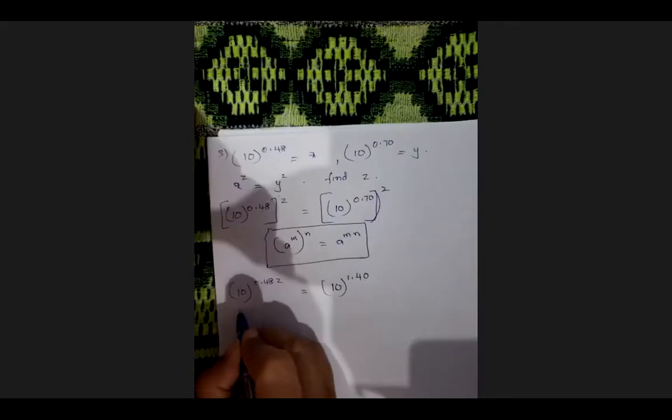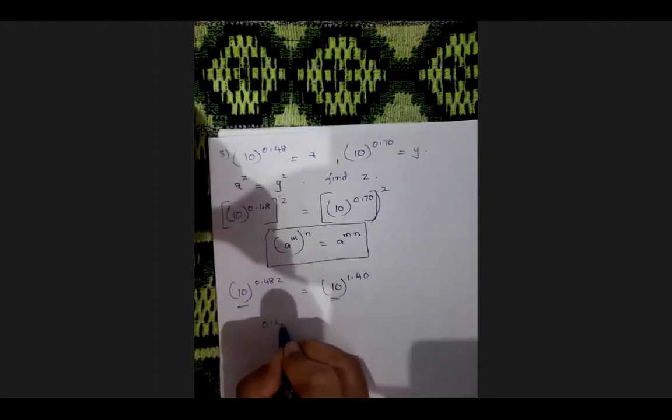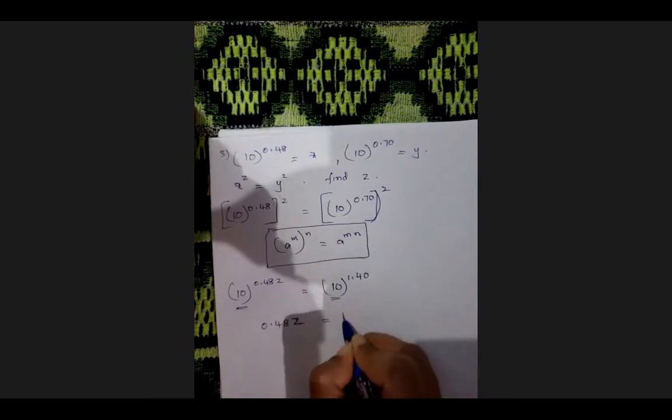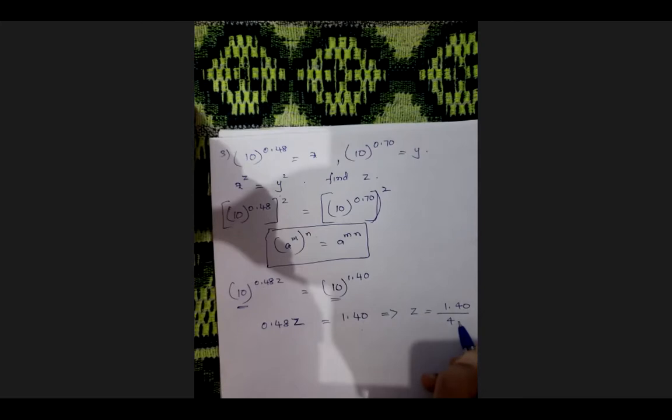So again, the same thing. When bases are equal, equate the powers. 0.48z is equal to 1.40. So z is equal to 1.40 by 0.48.